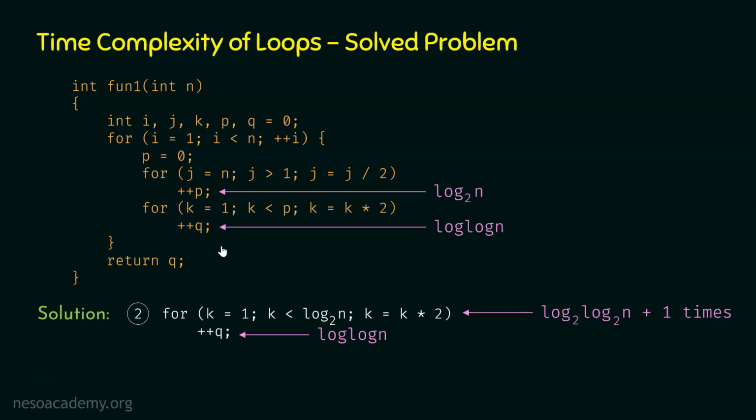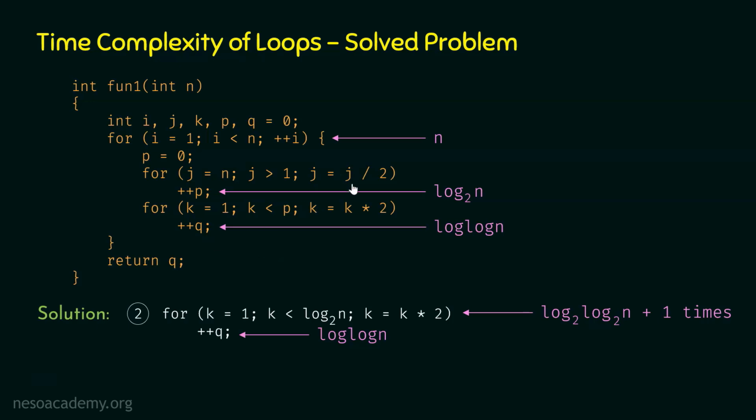In the third iteration, we will get 3 times log n as the value of q. In the fourth iteration, we will get 4 times log n as the value of q. So if we are assuming there are a total of n iterations of this for loop, then we will get n times log n as the final value of q.